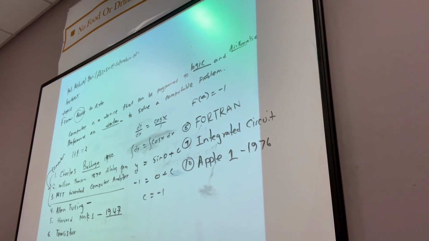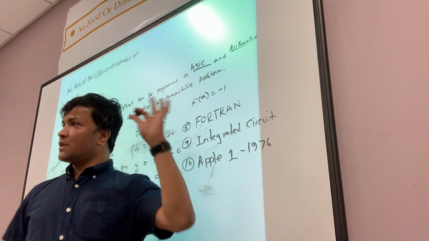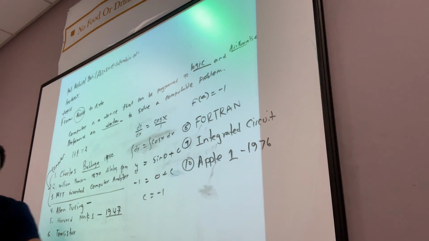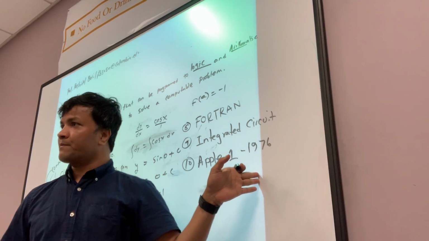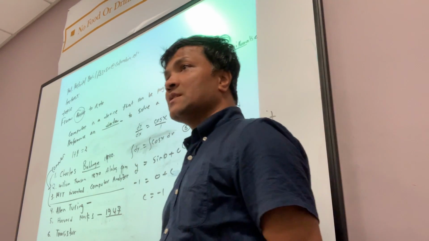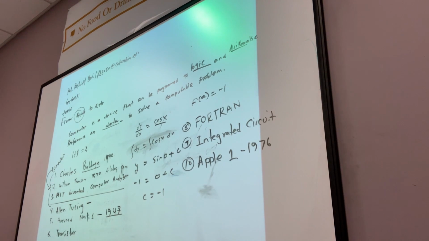So the computer became a household item, from the science, math and military people to everyone else like you and me. 1976. So 1840 to 1976. This is the brief history of the computer.